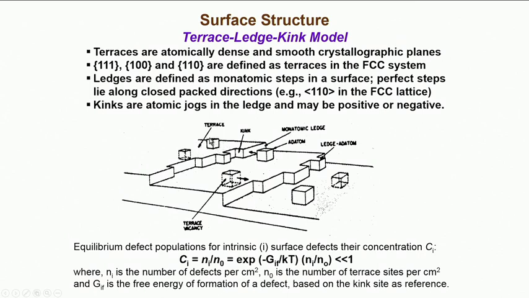For example, imagine this is a flat terrace, and here is an atom which comes from the vapor phase, jumps across the vapor-solid interface, and tries to associate itself with this solid surface. If you imagine this atom to be a cube, then out of the 6 faces of the cube, only one face, which is interfacing with the existing surface, is annihilated, but in the process you are also exposing 5 new surfaces.